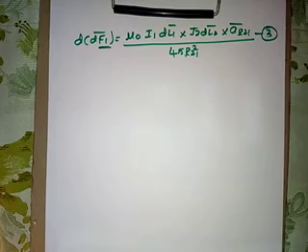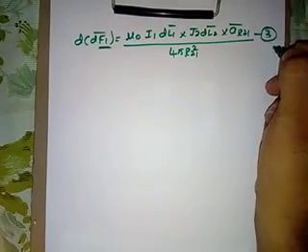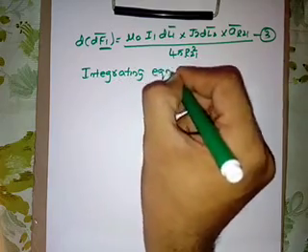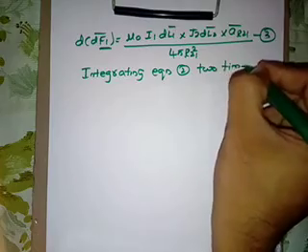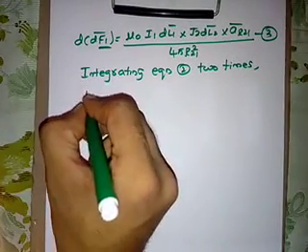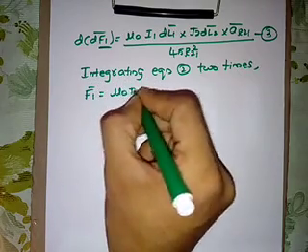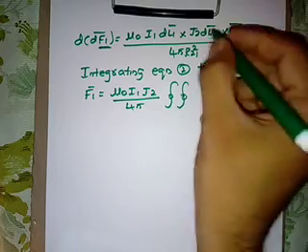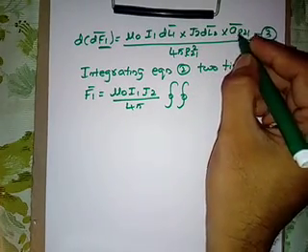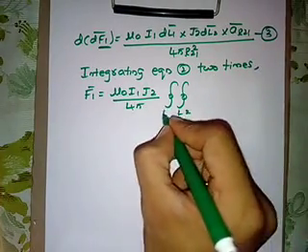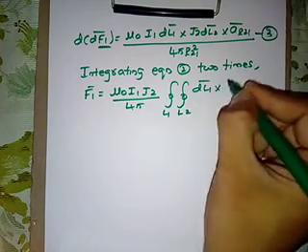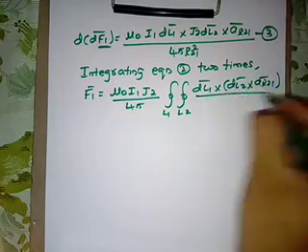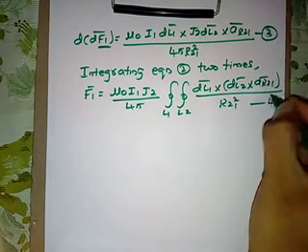So by integrating equation 3 two times, we get F1 bar equal to mu naught, I1, I2, and 4 pi, which are constants, times a closed integral. The inside term is with respect to L2, so first integrate with respect to L2, then the closed integral with respect to L1, of dl1 bar into dl2 bar into aR21 bar, the whole divided by R21 square. Take it as equation 4.